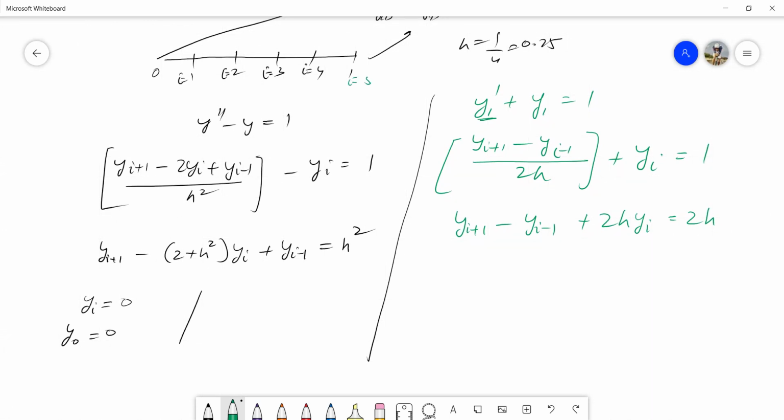So over here i will be equal to 5. So now put i equal to 5 in this equation, then only we'll have this condition at 1.